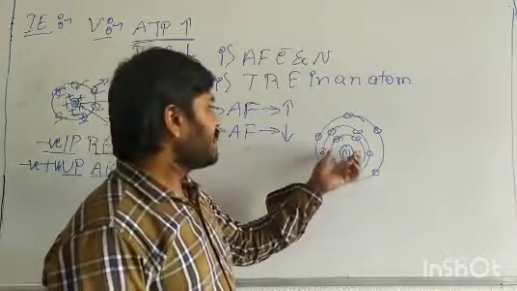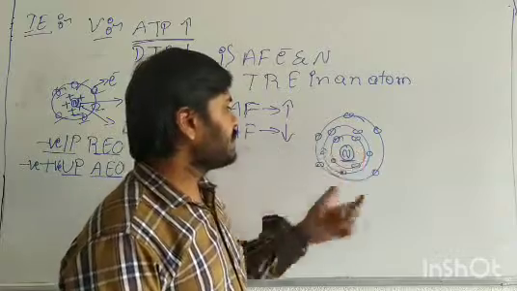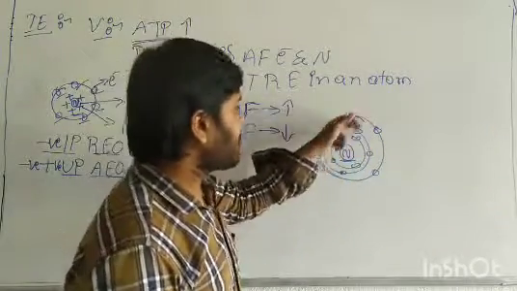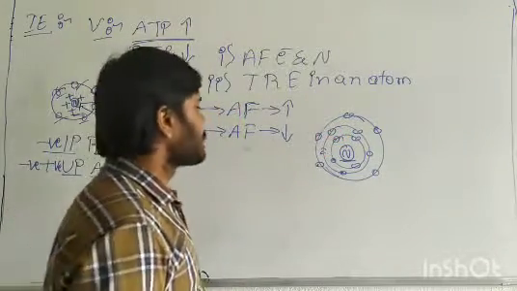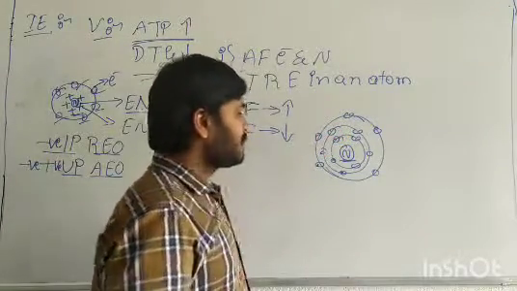So if the effective nuclear charge of your nucleus increases, it means the attractive force between the electron and the nucleus increases. Okay. Here guys, one thing you should observe.